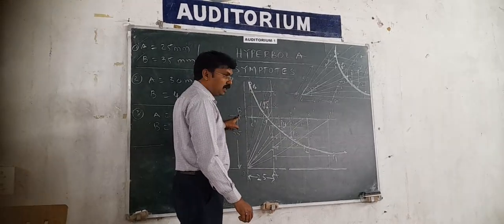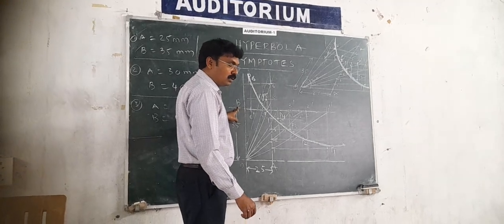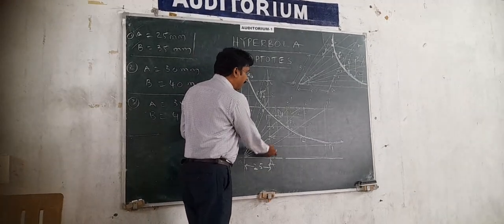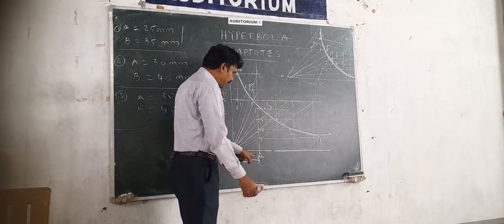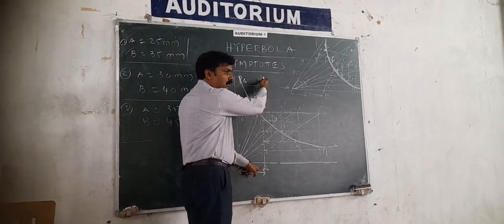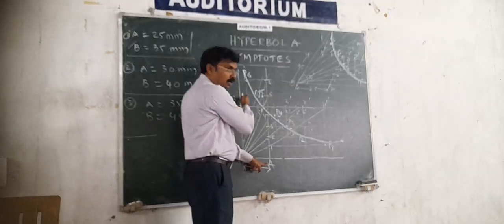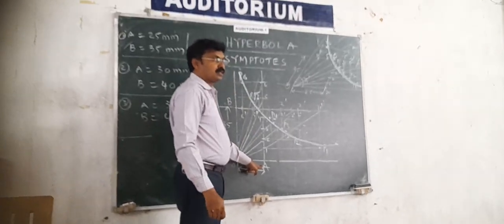Now B is an asymptote which is parallel to the x-axis. A is an asymptote which is parallel to the y-axis.